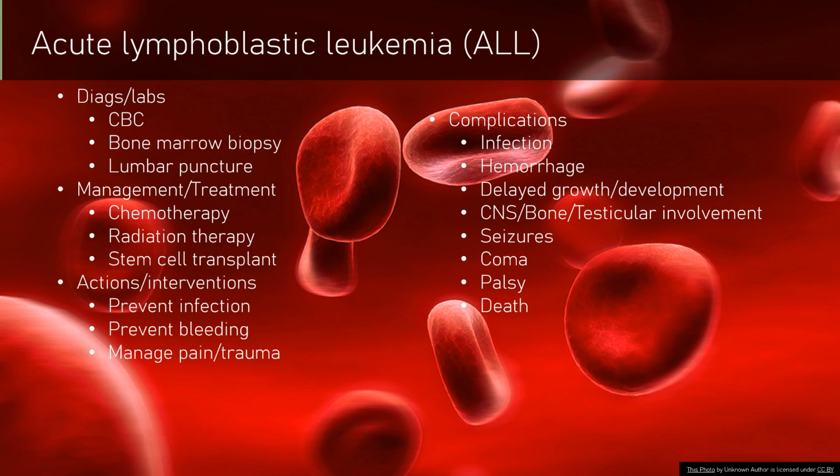So actions and interventions as the bedside nurse. We need to prevent infection. In order to prevent infections, we have to make sure that their immunization status is kept up to date. Chickenpox infection, and this is a hint, in a kid with leukemia can lead to a really bad outcome.